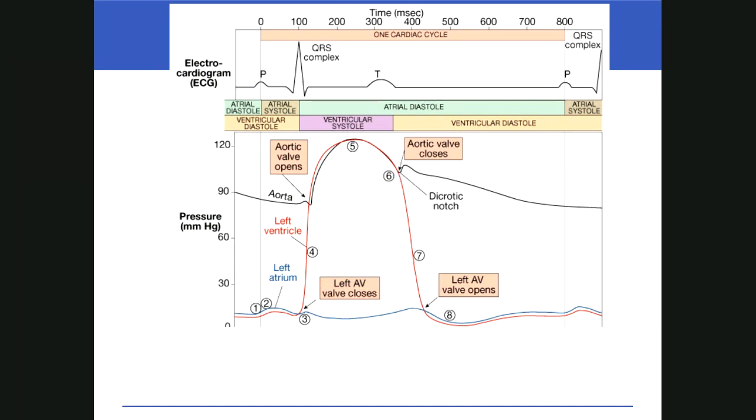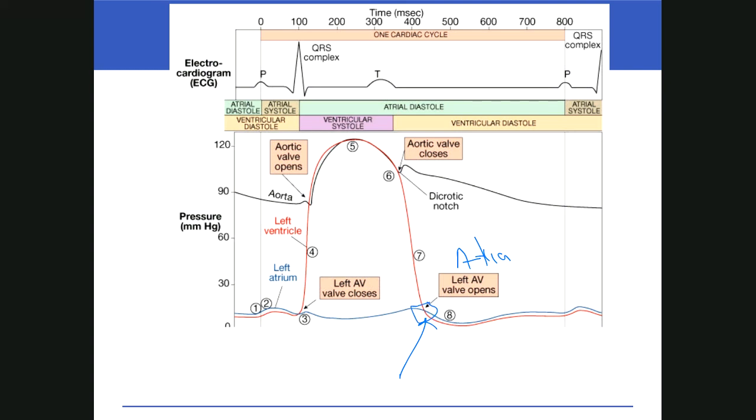And then look, if you keep following, aortic pressure is higher, ventricle pressure keeps falling. But look what happens right there. Now, which pressure is higher? The ventricle pressure or the atrial pressure? Which one's higher?